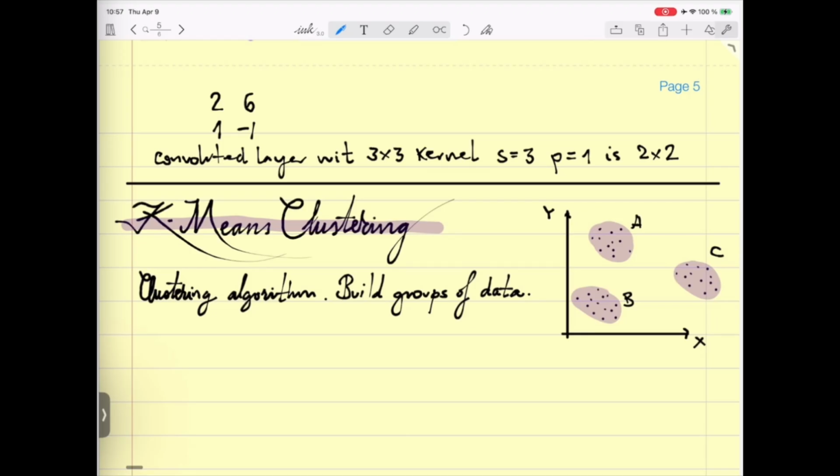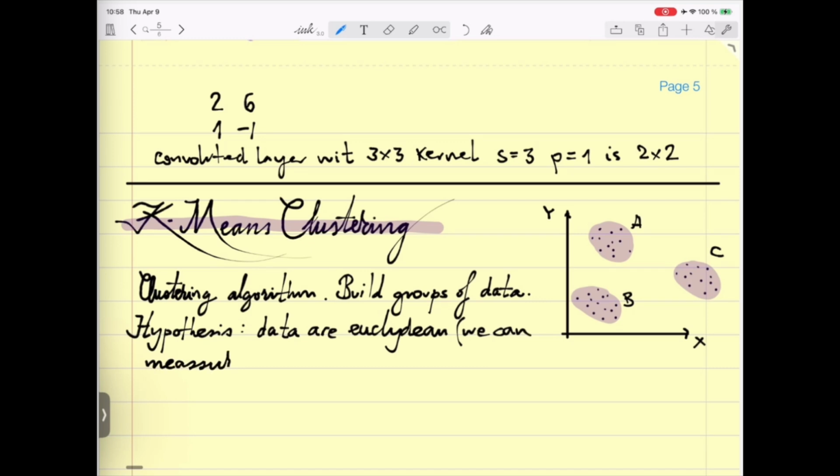The hypothesis, something that we take for granted, is that data are Euclidean. Means we can measure distances.